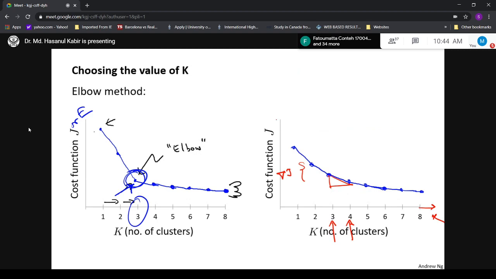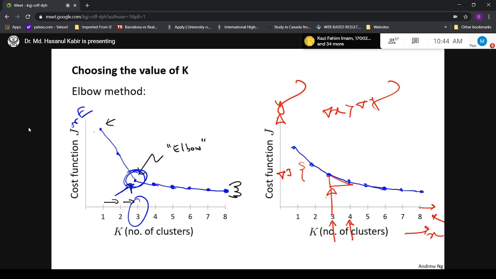If I define this as your y and this as your x, and the change in del x is greater than del y, you understand that you have reached the elbow point.